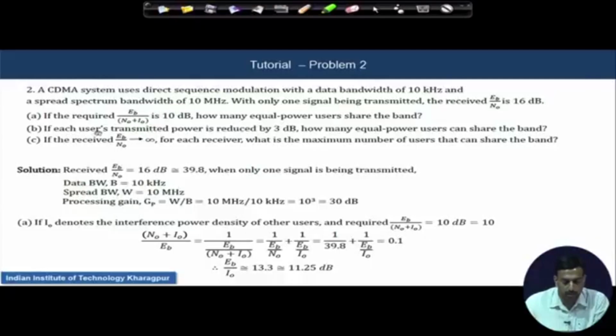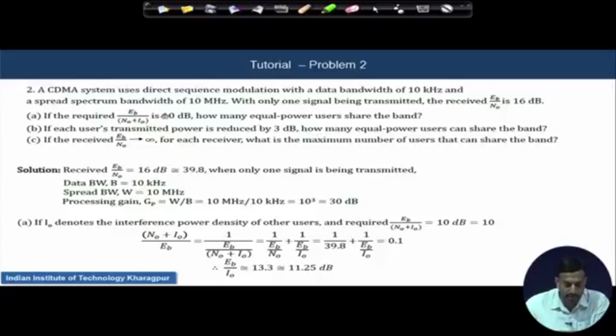Secondly, if every user's transmitter power is reduced by 3 dB, now how many equal power users can share the band? And finally, if Eb by N naught tends to infinity, that is almost negligible noise case, then in that case what is the maximum number of equal power users that can share the band.